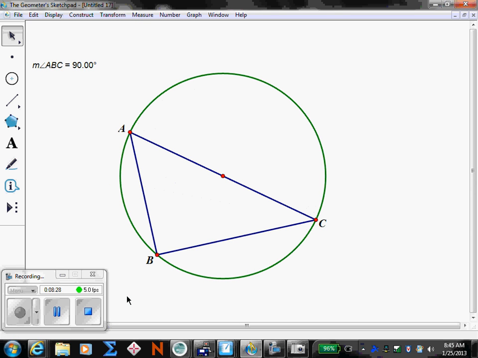Okay, now while I have this picture up, I'm going to go ahead and move into the next conjecture, and I am going to put another point on the circle, and then I'm going to construct a quadrilateral.